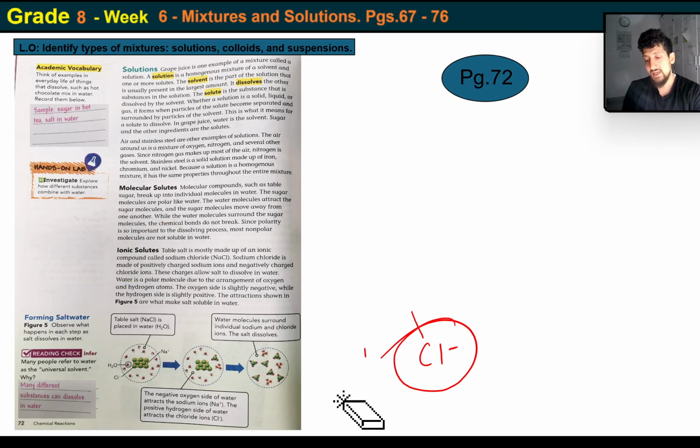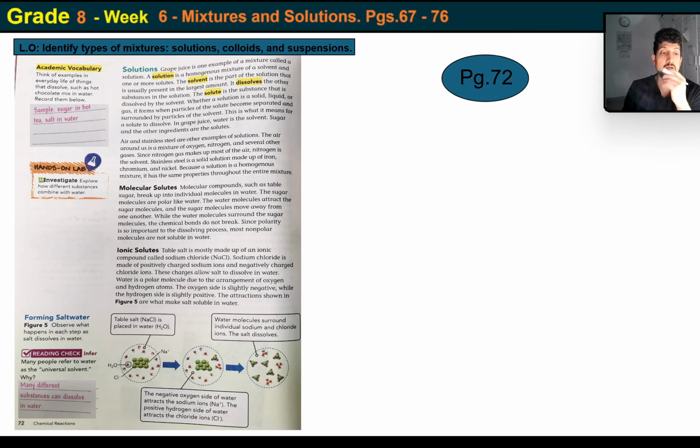Okay? So in conclusion, just because I don't want to spend too much time on it, in molecular solutes, the molecules stay intact, and when they dissolve, they spread out evenly throughout the solvent.